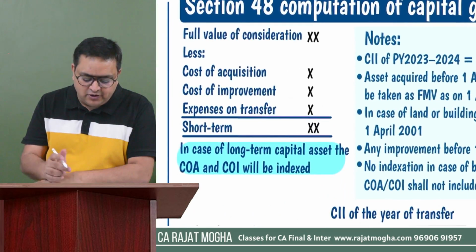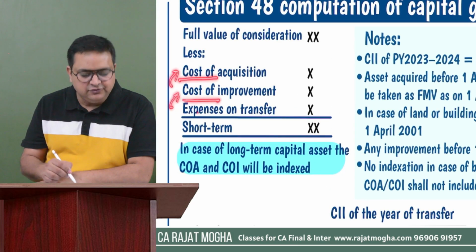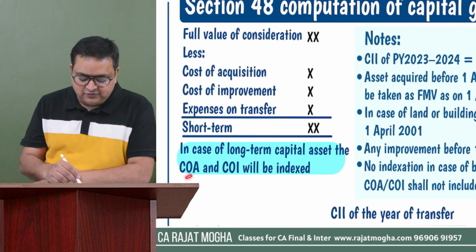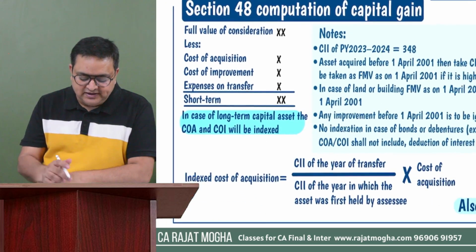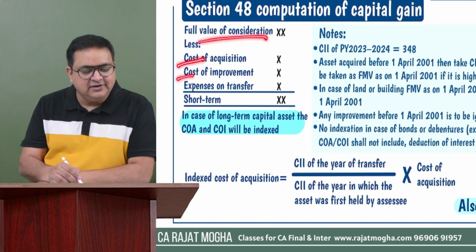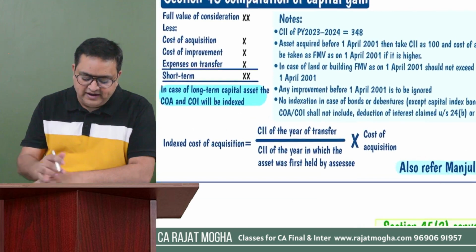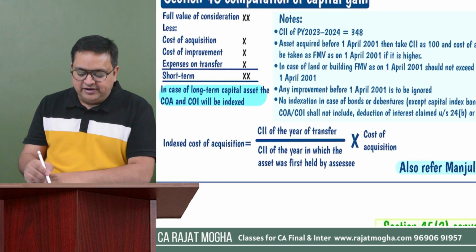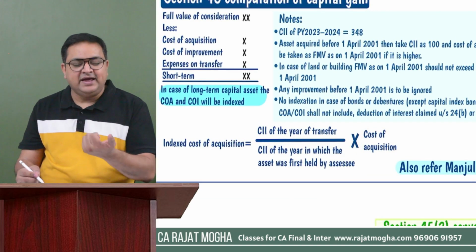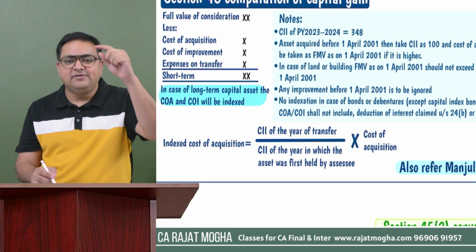What we have to do in long-term, for COA and COI, we have to index it. You know how to index a particular cost of acquisition or cost of improvement. So in case of long term, full value of consideration less indexed COA, indexed COI, and expenses on transfer will not be indexed, right? So how you index, also you understand: whatever is my cost of acquisition, we multiply it by CII. In the numerator, we will put the CII of the year of transfer, right?